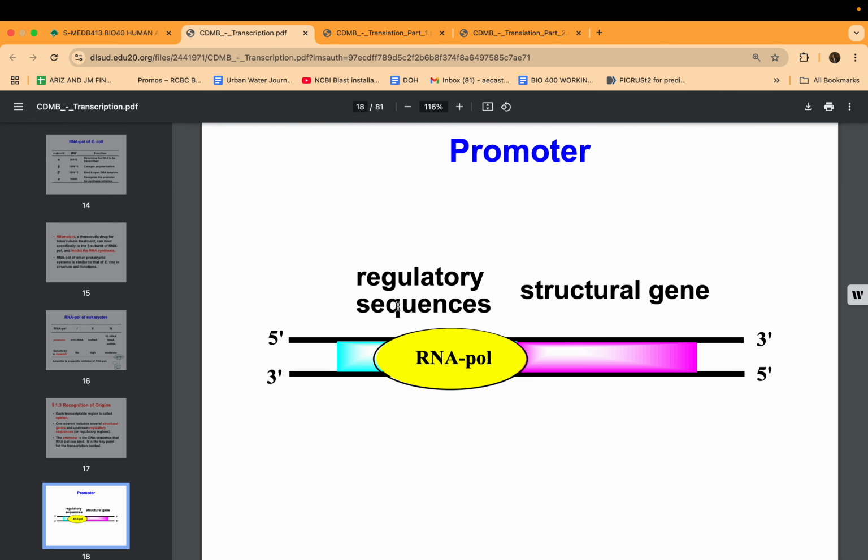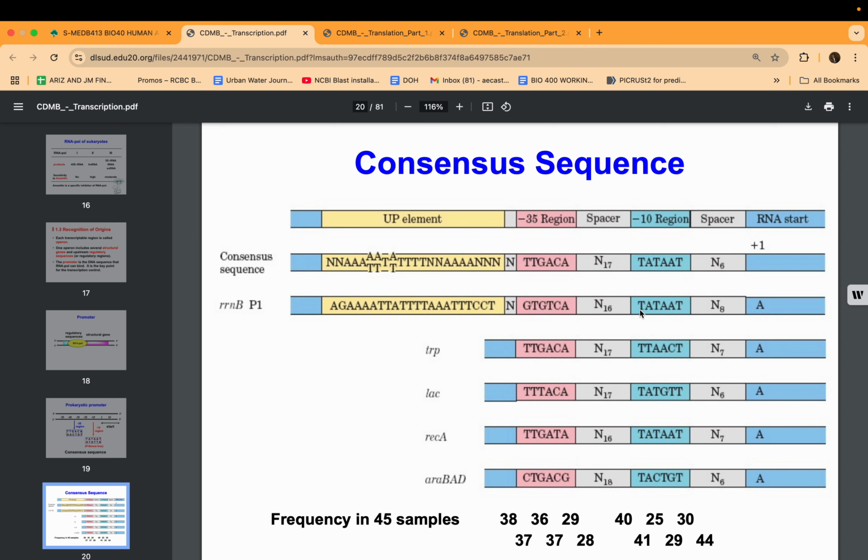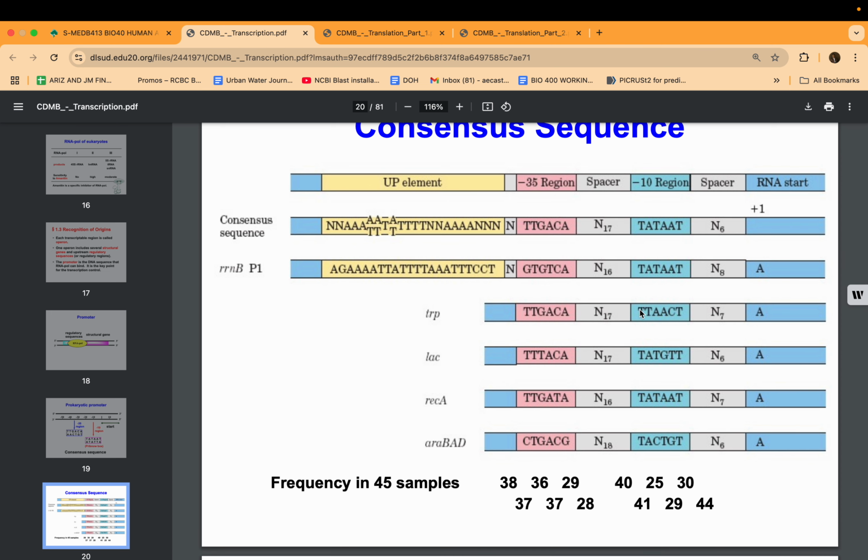So this is the promoter region, and your structural gene starts at position 1. Here you can see some examples for different types of genes, and the -35 and the -10 regions. So you see consensus in these areas, no? That define the promoter sites.